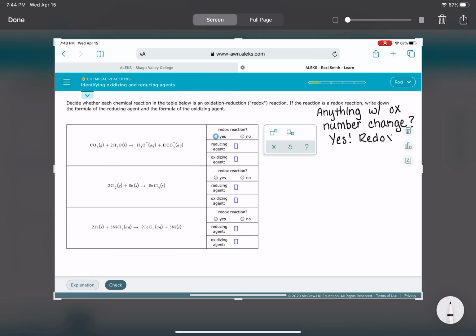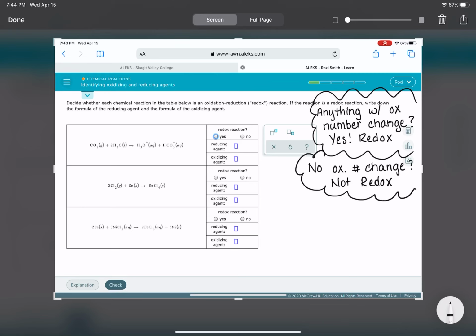You only have to find one. A non-redox reaction is going to be one where none of the oxidation numbers change. None at all. So if you have no oxidation number change, then it's not redox.